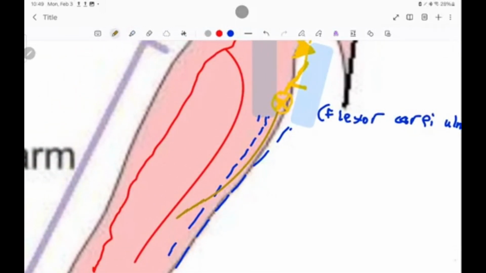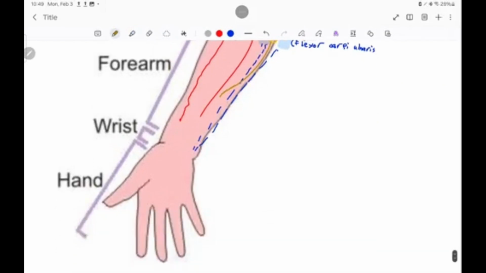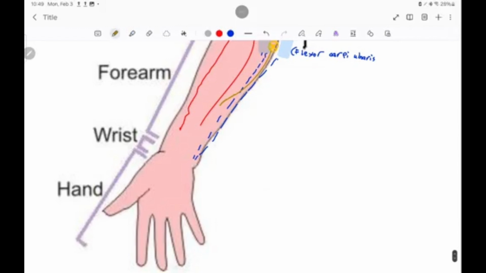Here we continue it. Now it's lateral. Okay. Now it will give a branch. This branch will go to the hand. And this branch is responsible for what? For the palmar aspect of the hand, and it's just giving sensation, cutaneous innervation, not motor.